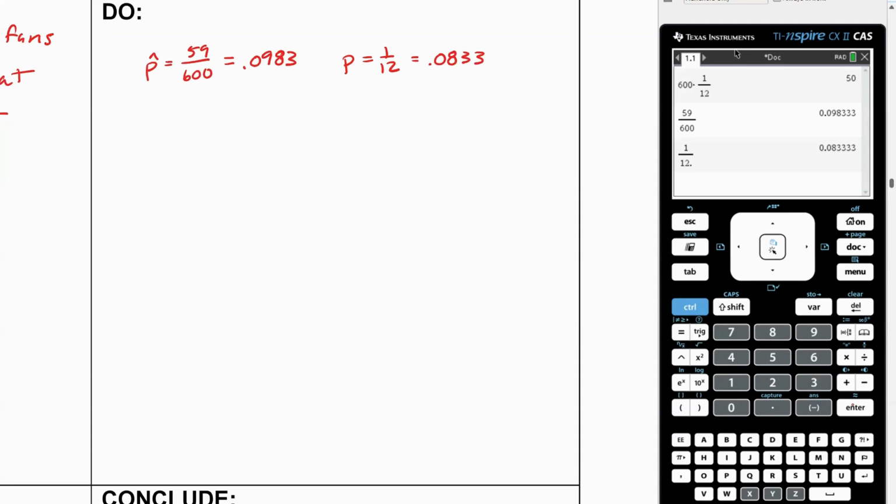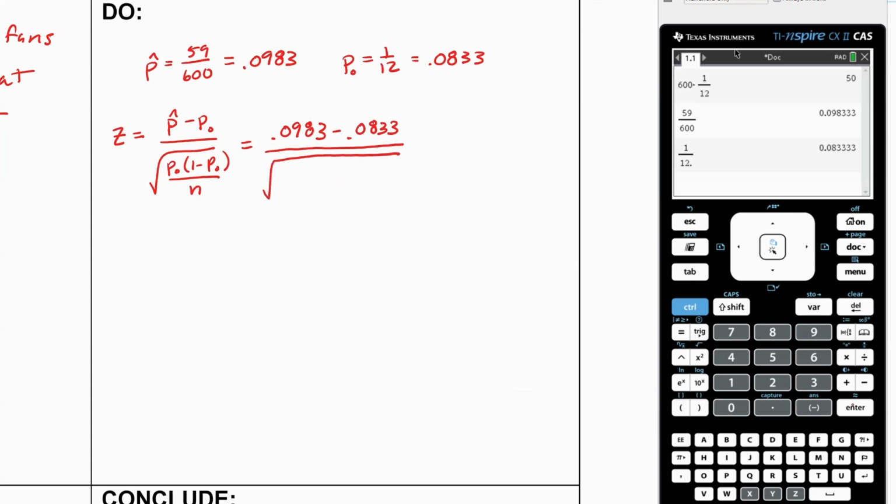And there are our two numbers for our calculation of the test statistic. P hat minus P naught over square root P naught times 1 minus P naught over N, or in this case, 0.0983 minus 0.0833 all over square root of 0.0833 times 1 minus 0.0833 all over our sample size, which is 600.